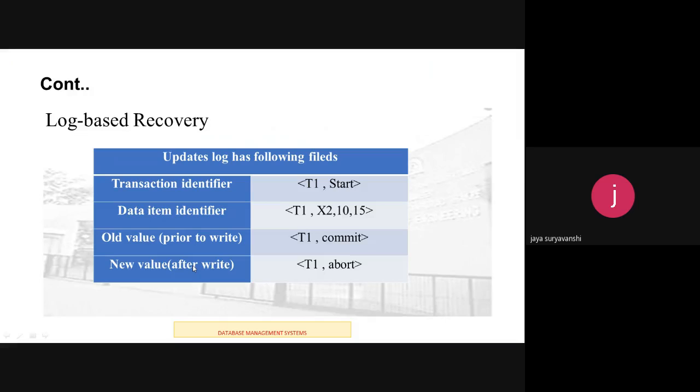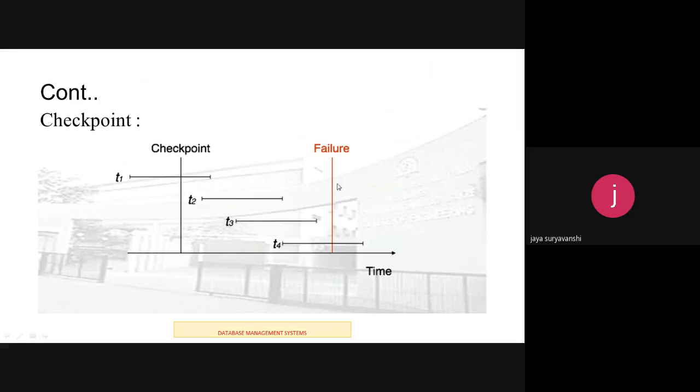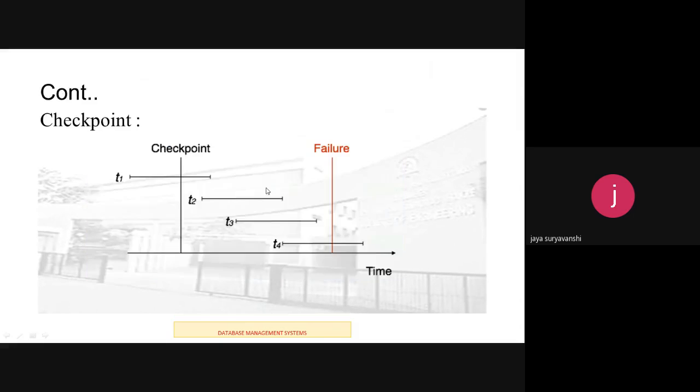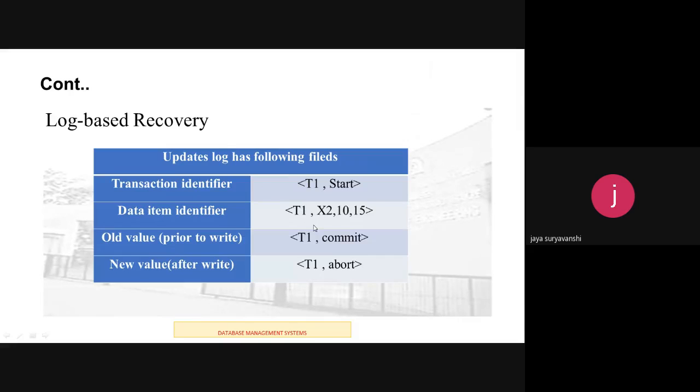What happens when the transaction updates item X is written in the log. When any transaction is started, it will be written to the log with a transaction identifier. Then it will identify the value.